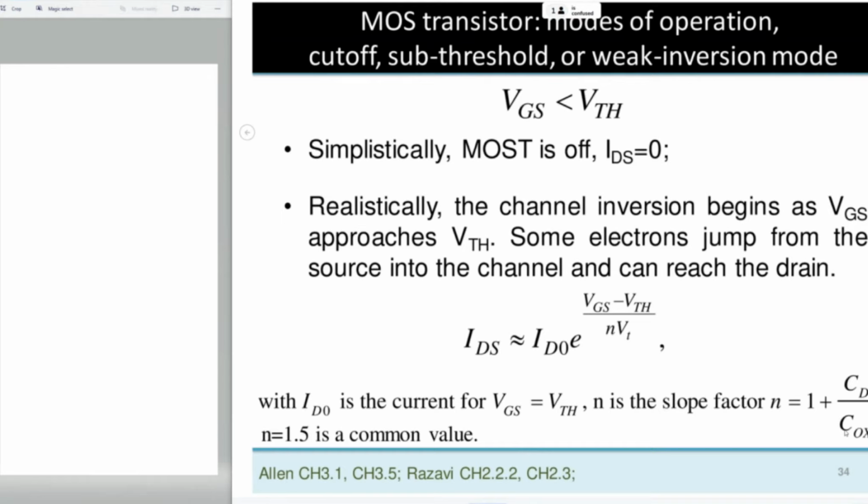So the potential is somewhere in between. The ratio between the depletion and the oxide capacitance forms this factor n, which in most cases has a common value of 1.5. And again, what you need is only intuition. You don't need an accurate result, because the accurate result you'll get from the simulation tool.